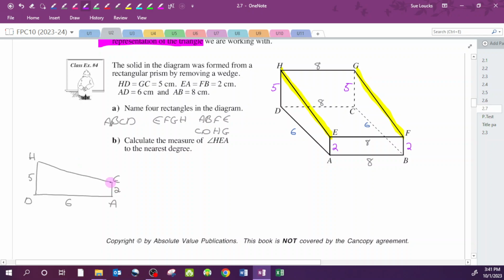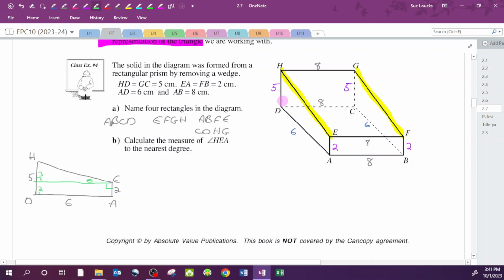But I could draw another, let's do that in green. I could draw this here, and if I label this angle theta, I know that I'm making this angle 90. If I make that angle 90, then this length is 2 and this length is 3. And because this was a rectangular prism, those are all 90-degree angles.